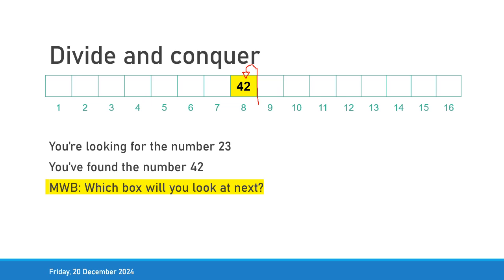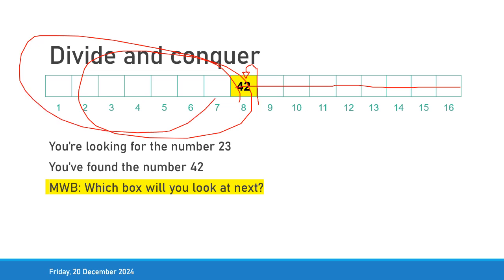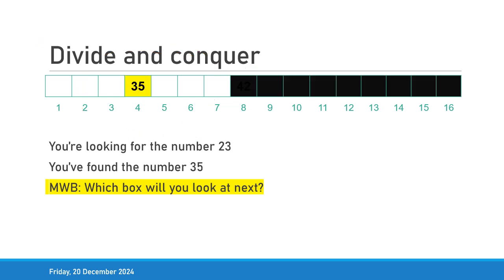So when we open this box, we've got the number 42. Well, if we're looking for the number 23, we can delete 42 to the end there because we know that if it's written in numerical order, then 23 has got to be on this side somewhere. The next middle we'll look at is 35.